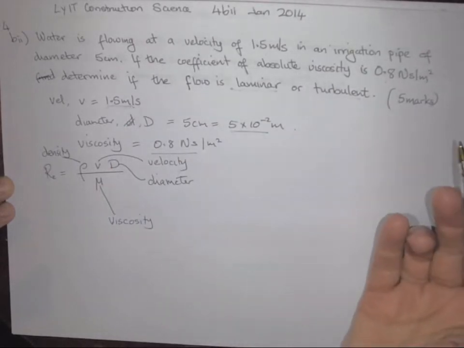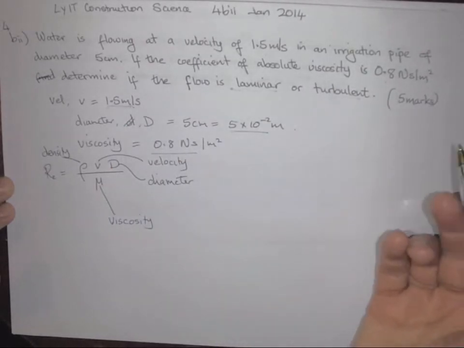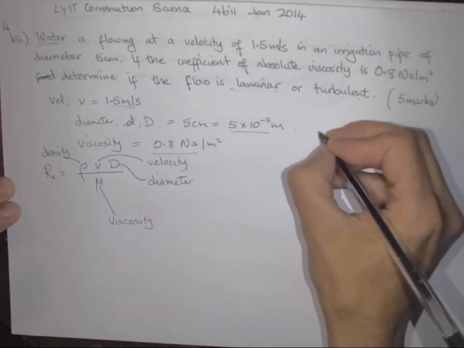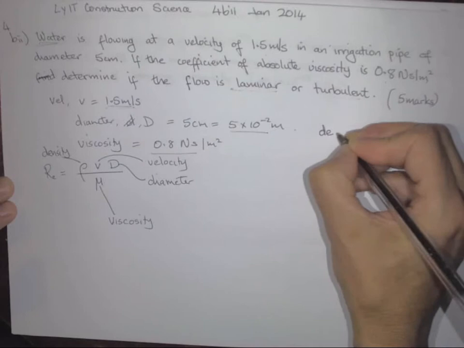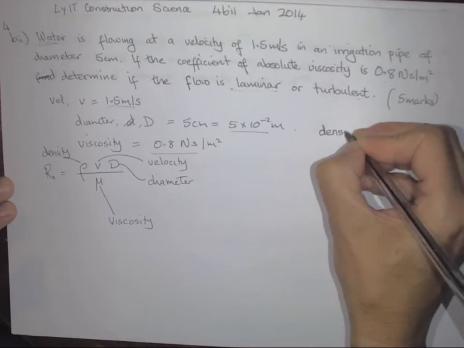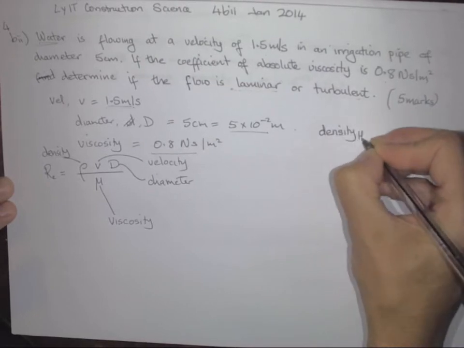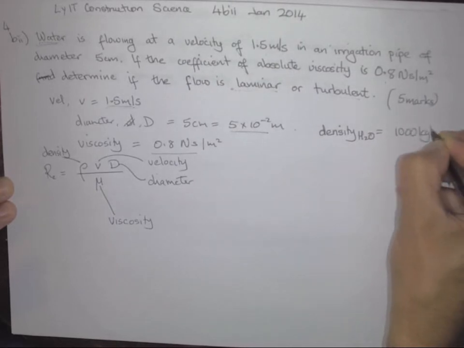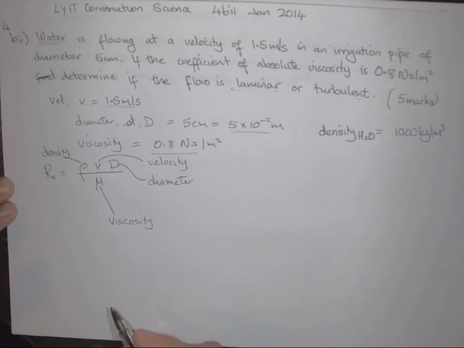We weren't given the density, but the substance is water, and the density of water is 1,000 kilograms per cubic meter. Density of water equals 1,000 kilograms per cubic meter. So now we have everything we need to put into this formula.